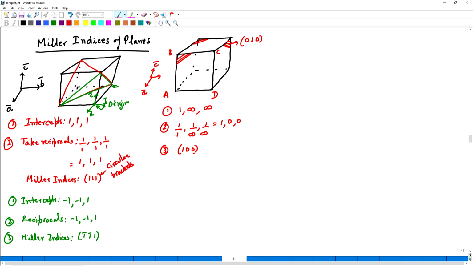Similarly, if I take the top face, its Miller indices becomes 0 0 1.